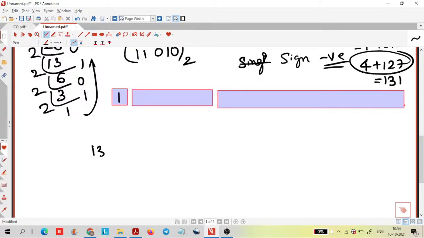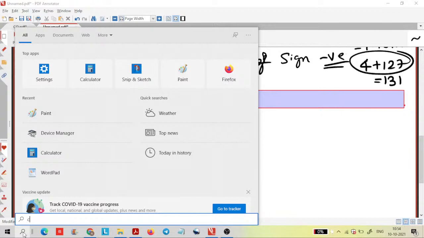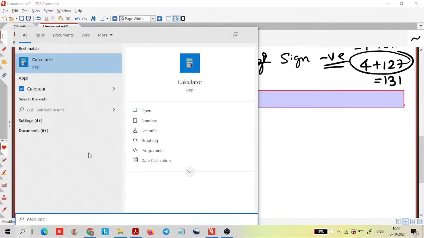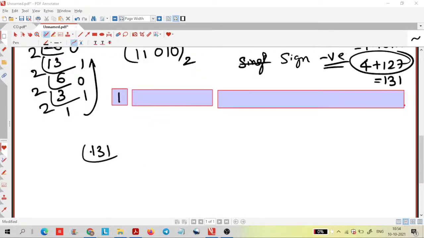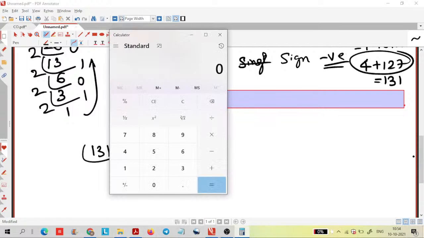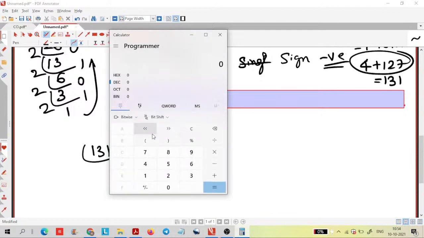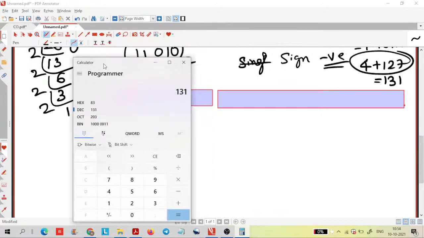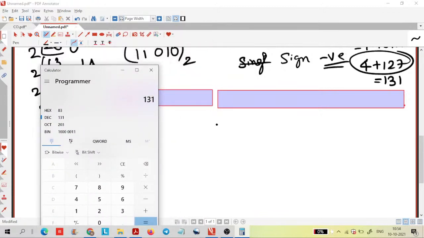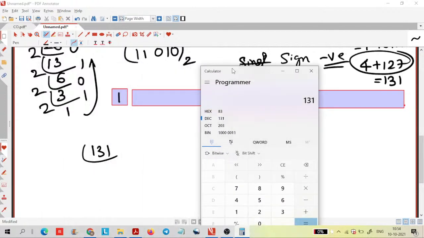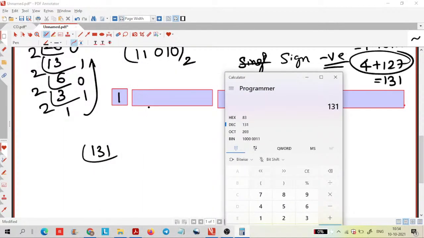Let me find the binary for 131 using the calculator. Here the binary is 10000011.